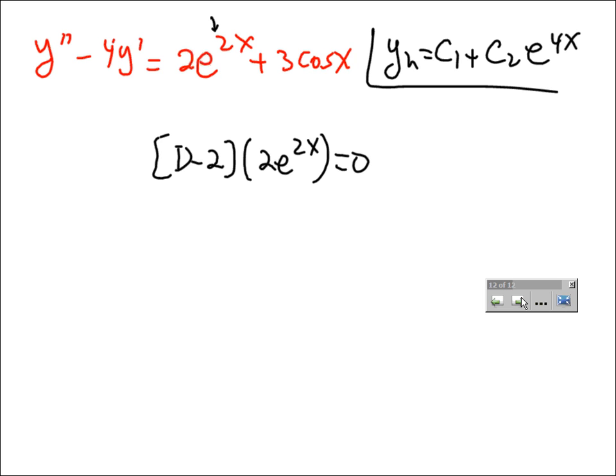Now, what is going to annihilate cosine x? Remember that cosine x is e to the 0x, which is 1, times x to the 0, which is another 1, times cosine of 1x.